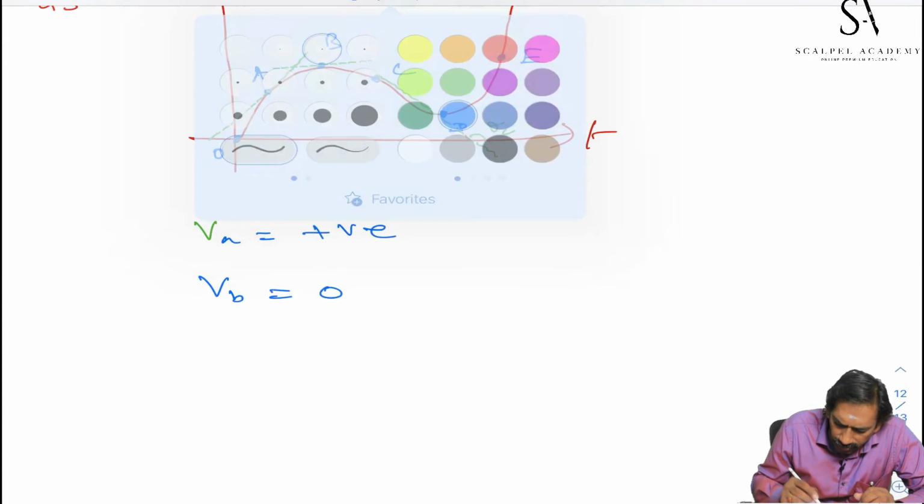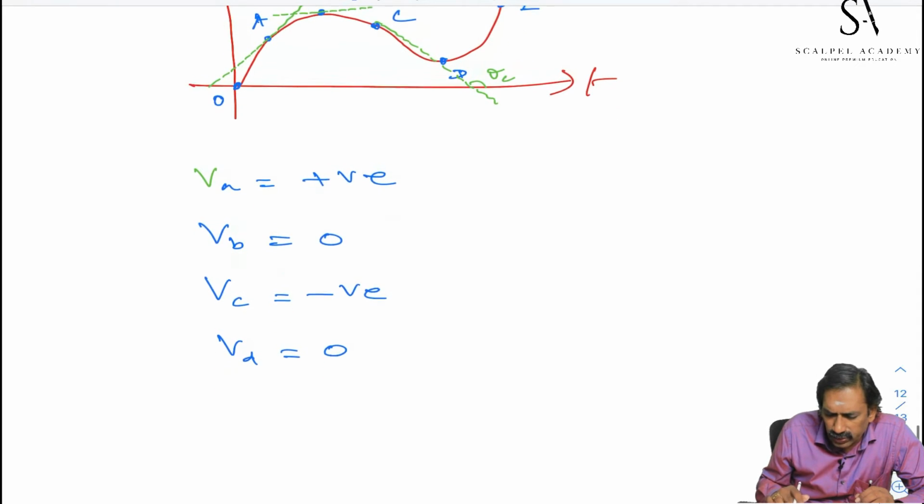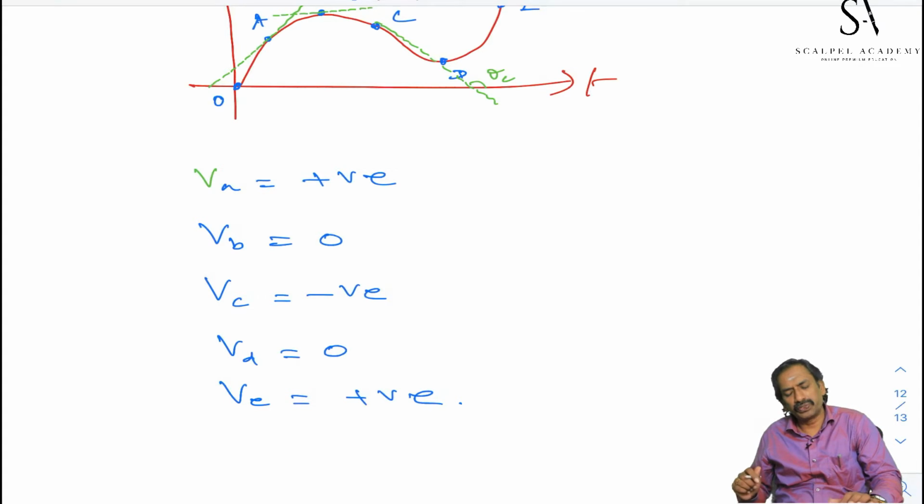Therefore, velocity at C is negative. Likewise, at D, the slope makes an angle 0 with the x axis. Velocity at D is equal to 0. The slope at E is positive. Therefore, velocity is positive.